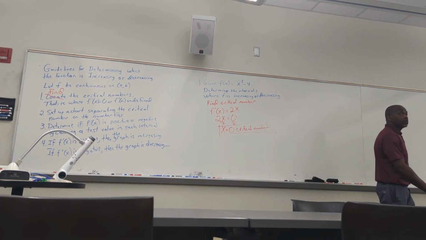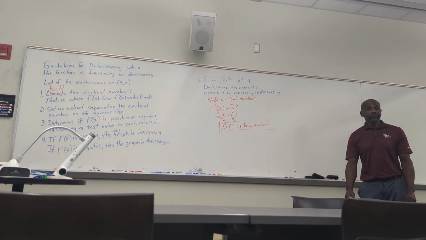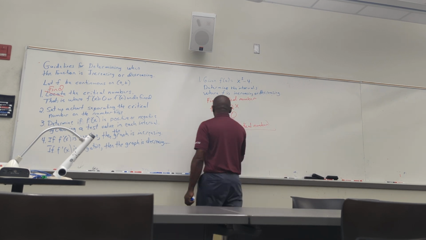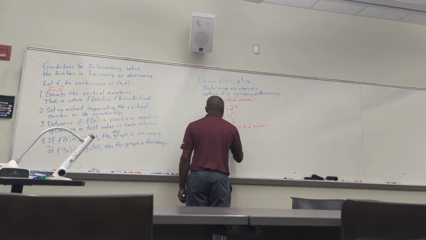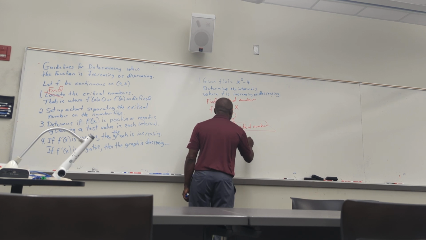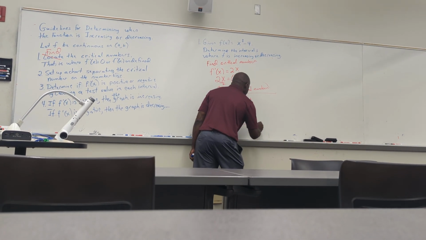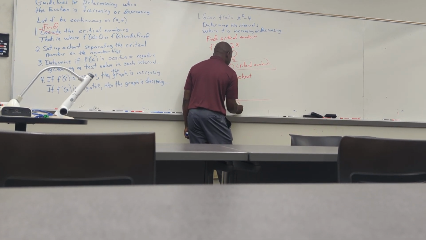We good? What did the next step tell you to do? Set up a chart. So now we're going to set up the chart. And it's just like we're on the what, class? On the number line. How many critical numbers we got? 1.